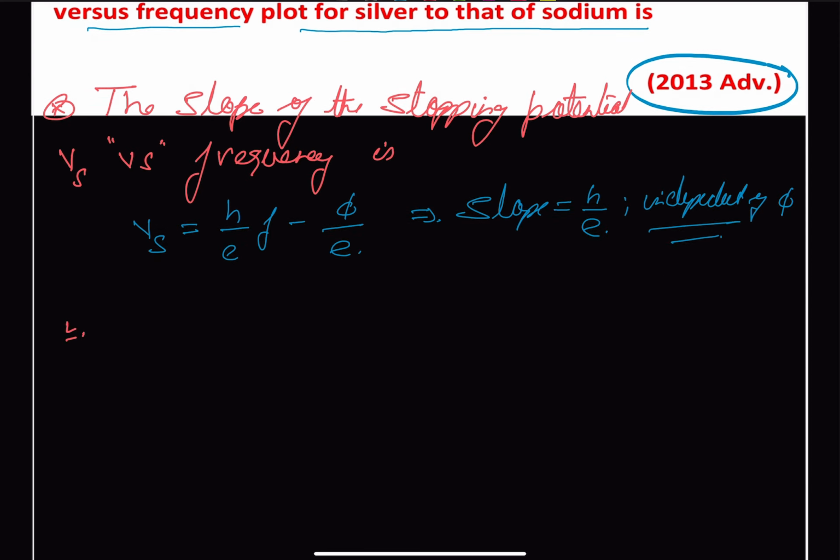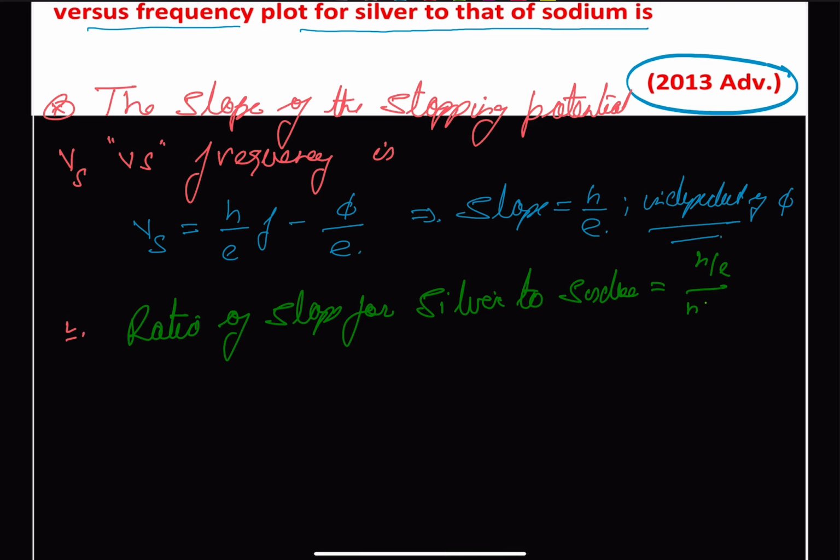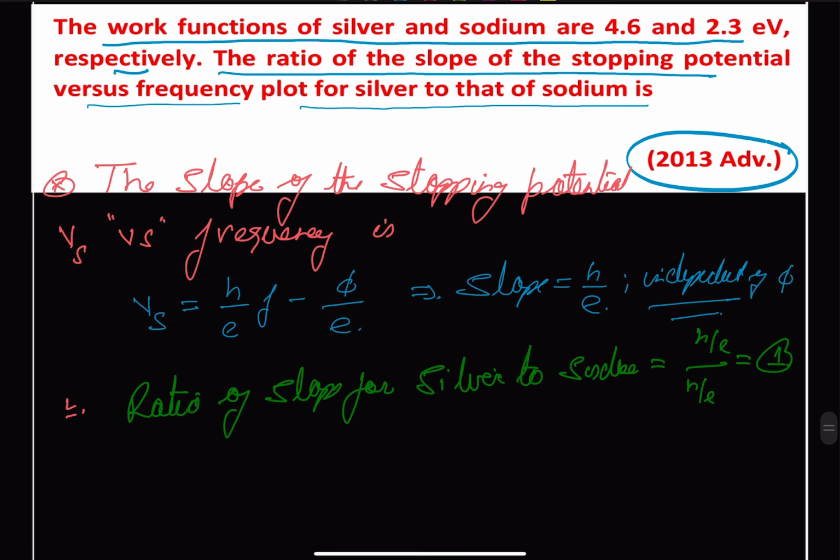Therefore we can say the ratio of slope for silver to sodium, which we can write as h upon e divided by h upon e. This comes as 1. So ratio is 1.